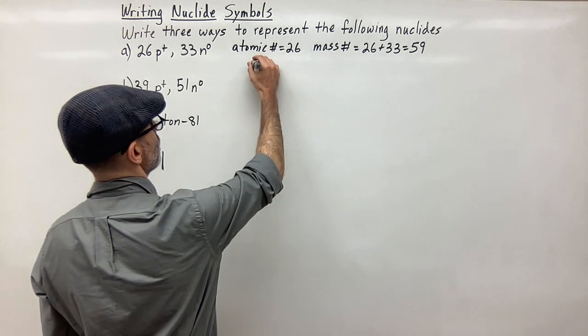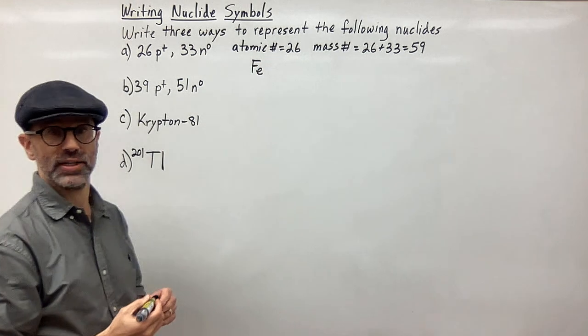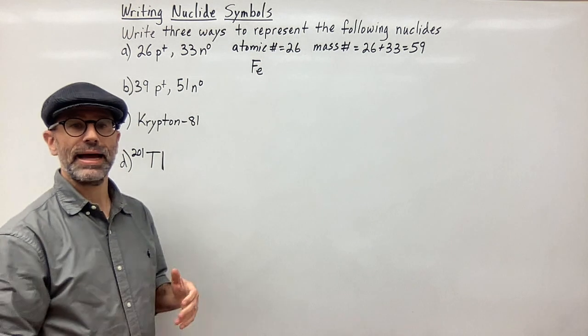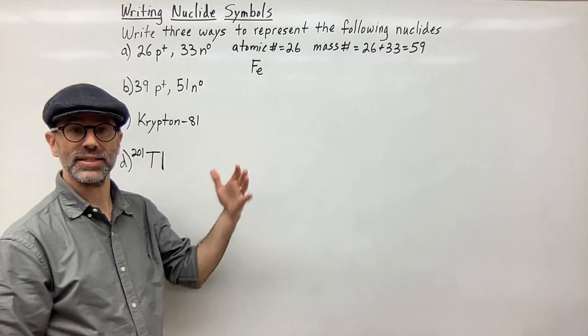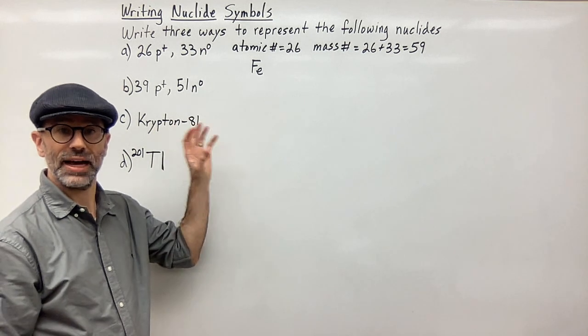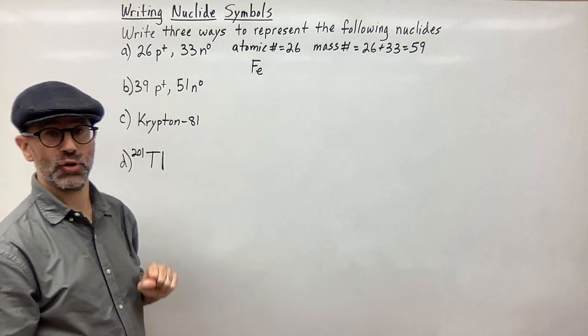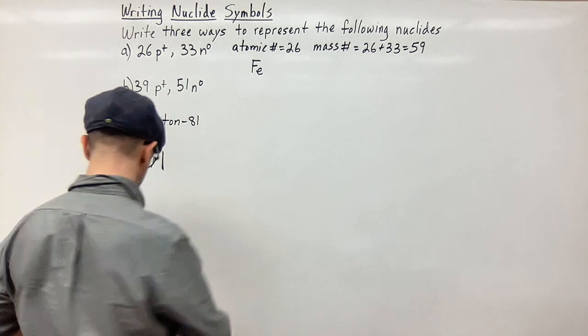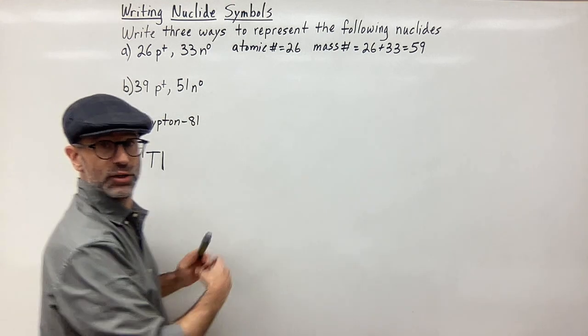So here we have Fe, that's the symbol for this element, iron. And we're going to put on top the mass number. The mass number is always on the top left corner of your symbol. So let me write this bigger. Do I have room over there? Yeah, I do.